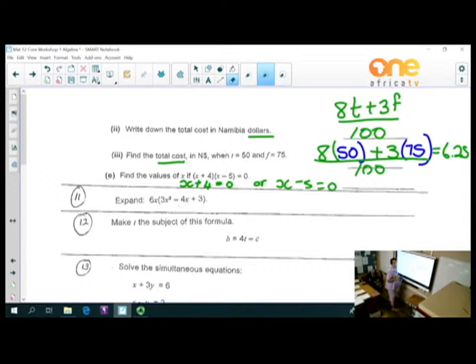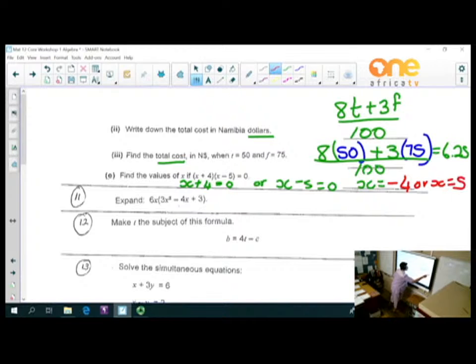One of them must be equal to 0 to get an answer of 0. And now if you take this one over, we can say that X is equal to negative 4. And again here you take the sign over, or x is equal to 5. So it will always be a change of sign.